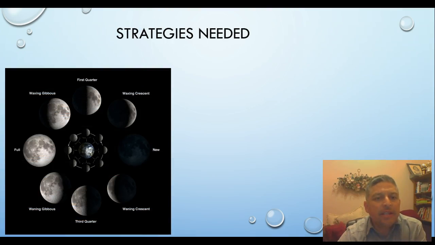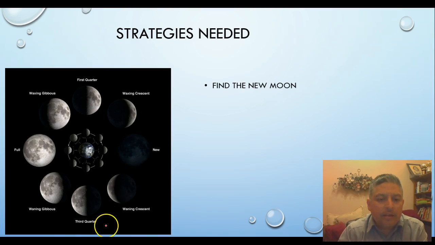First of all, strategy is needed. For example, this is a very typical picture that you're going to see on a test. The first thing you need to do is to find your new moon. The new moon is always the one that is completely dark, like this one.